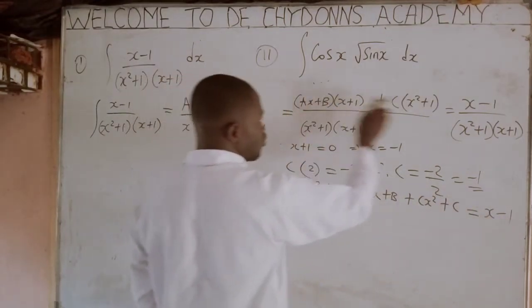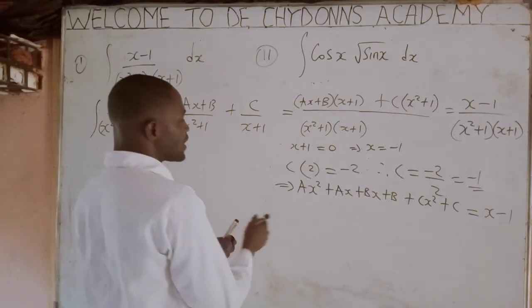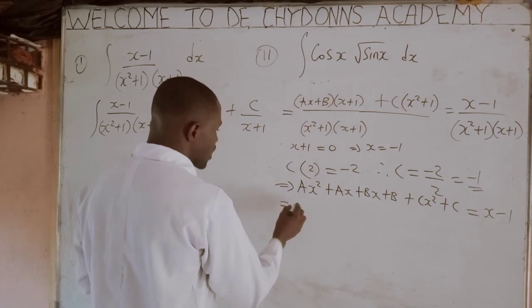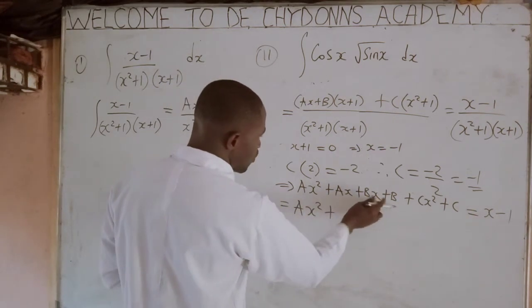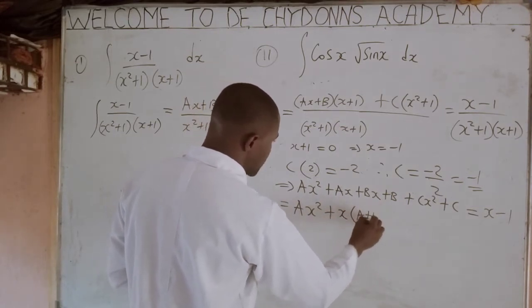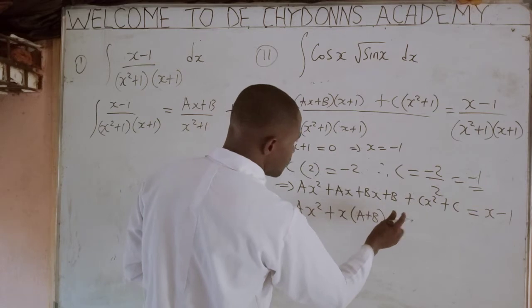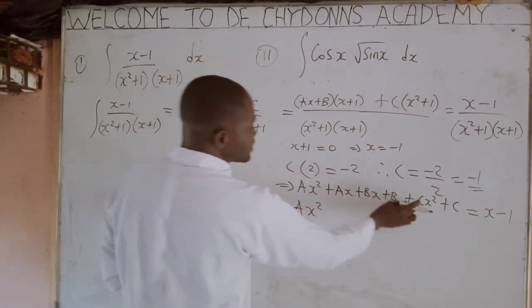I'm comparing the numerators. So I will collect like terms: ax squared plus these two have x(a plus b). We have ax squared, we have cx squared.